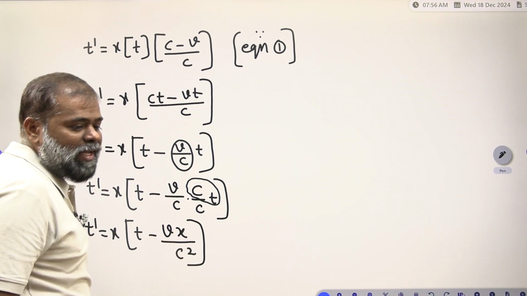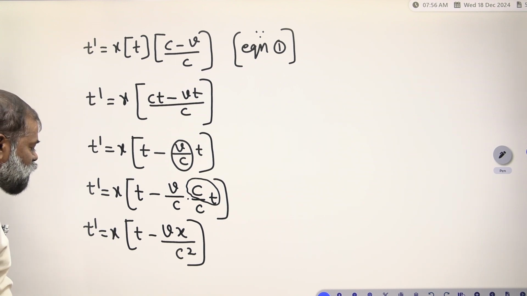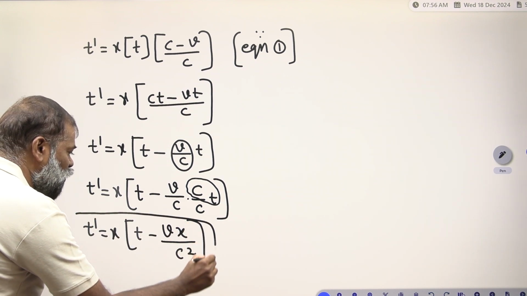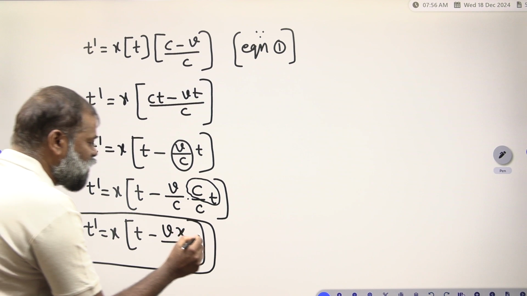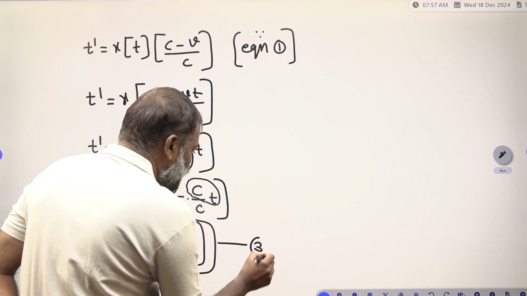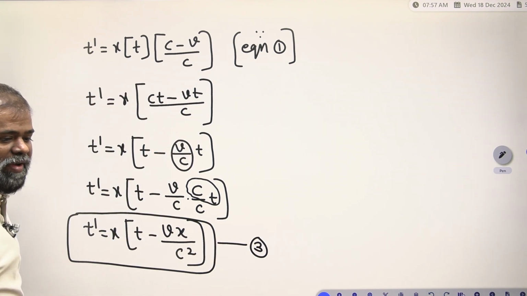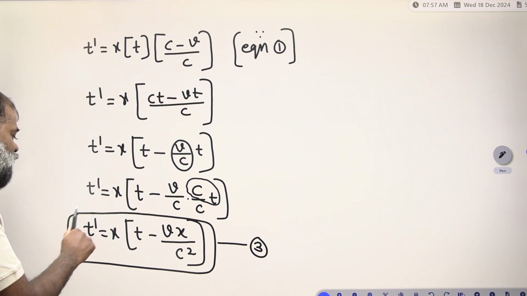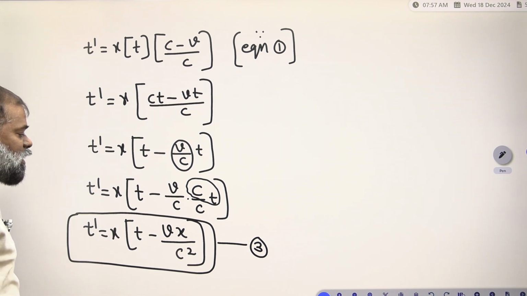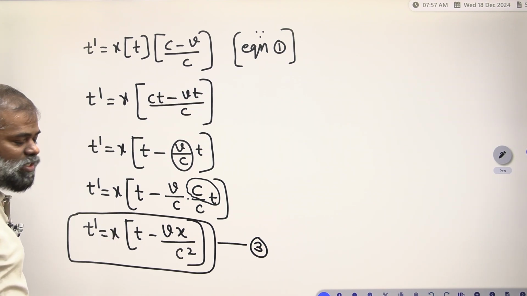Therefore t dash is equal to gamma into t minus vx by c square. Take this as equation number 3.